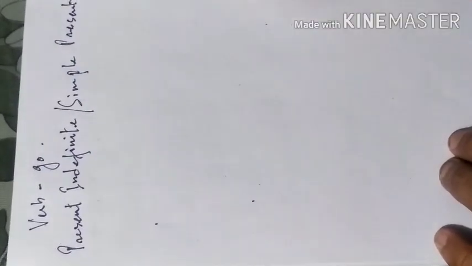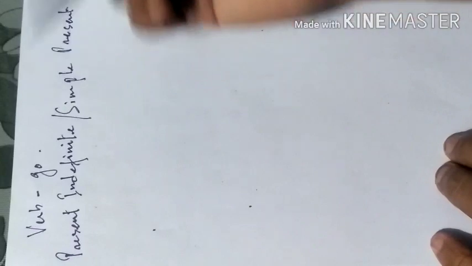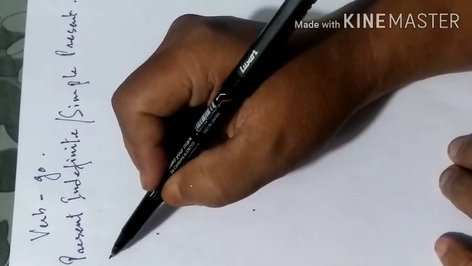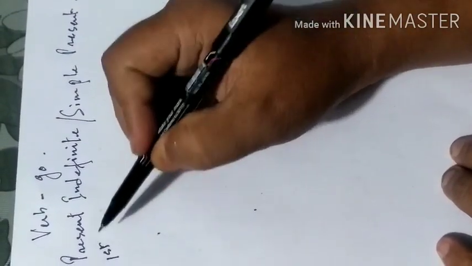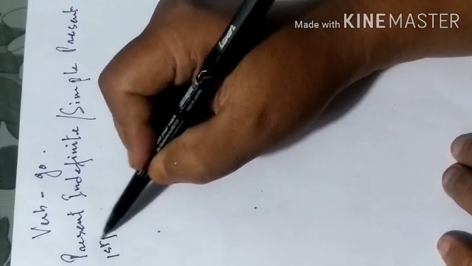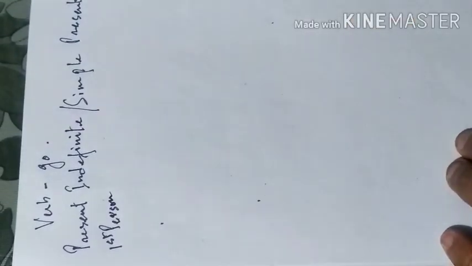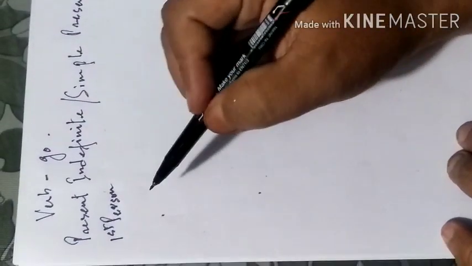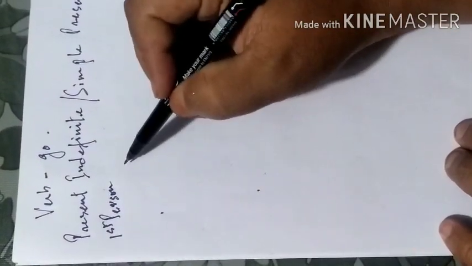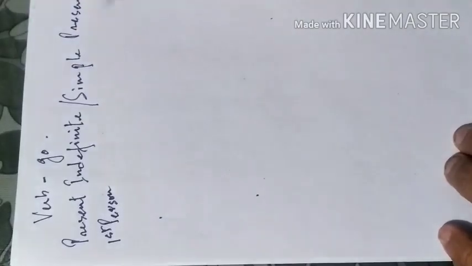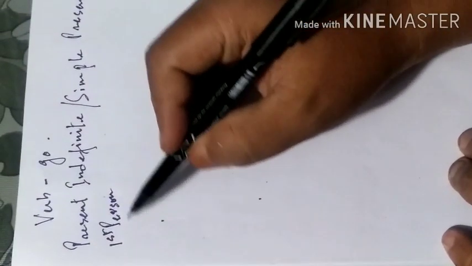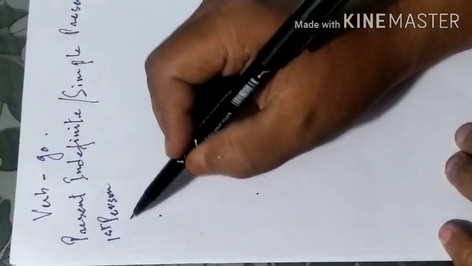Okay, I think you all know about the first person and the second person and the third person. I'll not go into explanation of that, but I'll just use it. First person, when we make the sentence using the verb go, we'll make it in the first person first, singular.